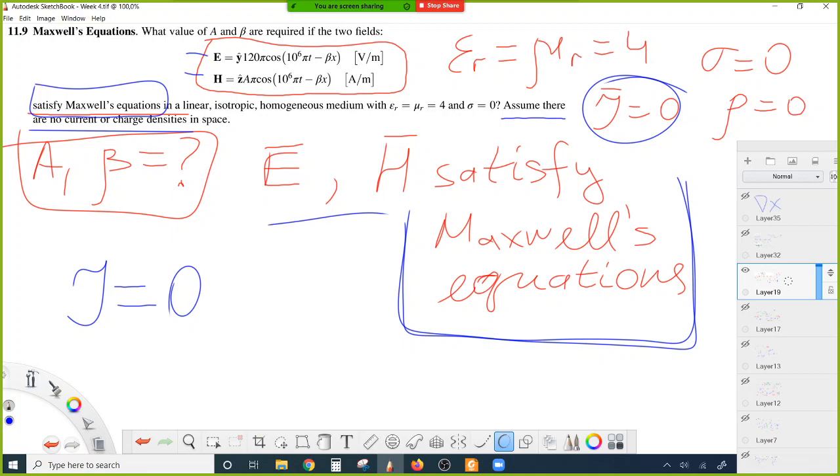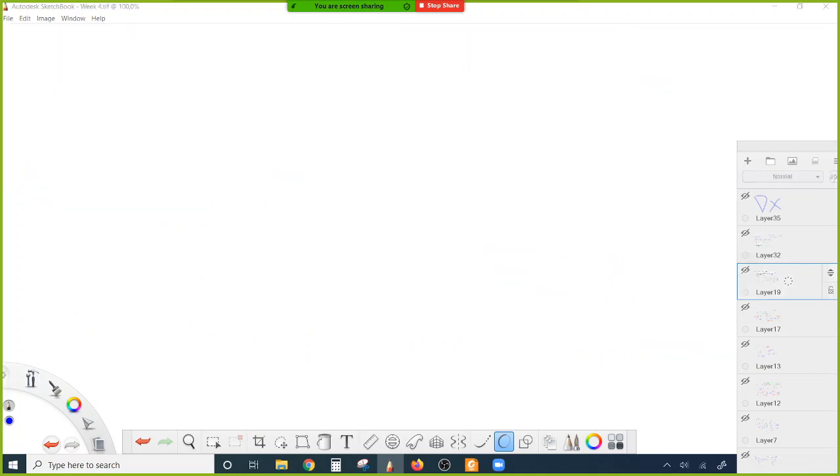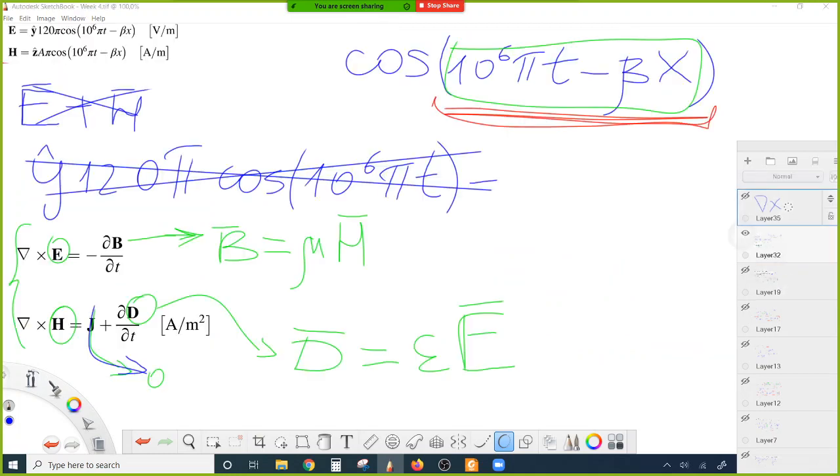If there is nothing, the measure of that thing will be 0. Charge density is defined by rho. No charge density means that rho is also equal to 0. That's why here J is going to be 0, B is not 0, D is not 0.